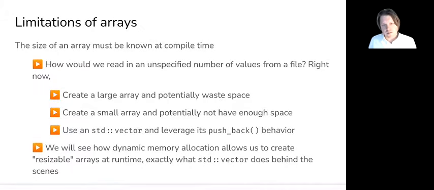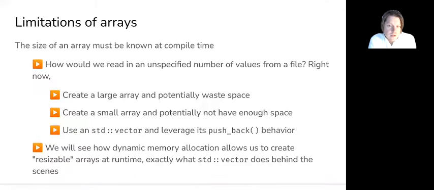So the question becomes, how could we read in an unspecified number of values from some file, or take in some sort of input from a user where they can continue to enter data as necessary? Well, with arrays, we have one of two options. We could create a large array and potentially waste space, so some massive array.